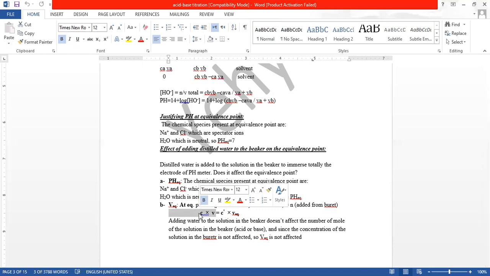Adding water يا أستاذ decreases C and increases V with the same ratio. Mathematically, when C decreases and V increases by the same ratio, then the product C times V remains constant. يعني إذا قسمت الC by 10 عم تزيد الفوليوم by 10, so the product C times V is constant. يعني هيدا النمبر of mole.